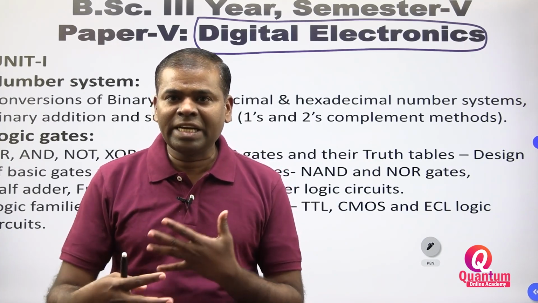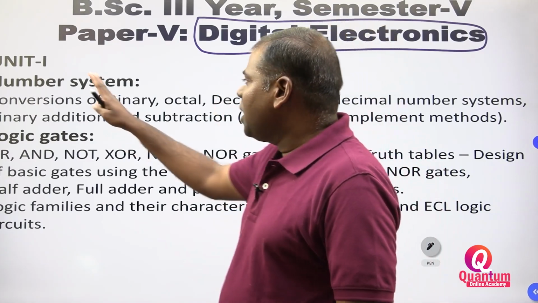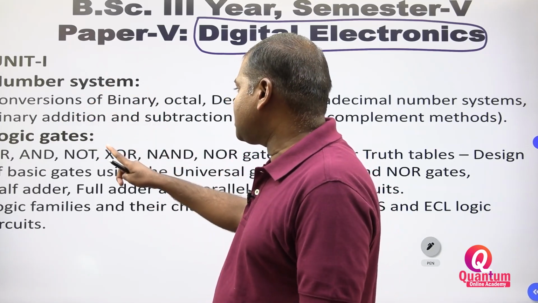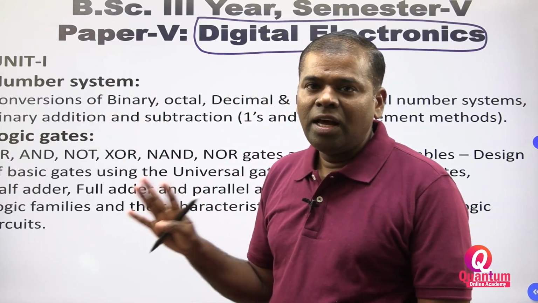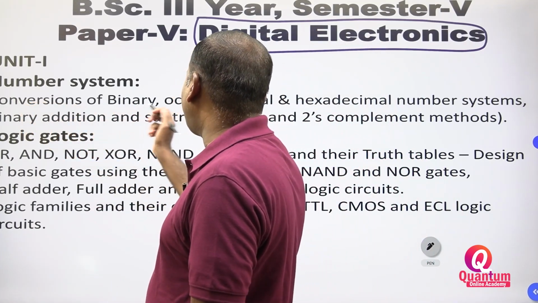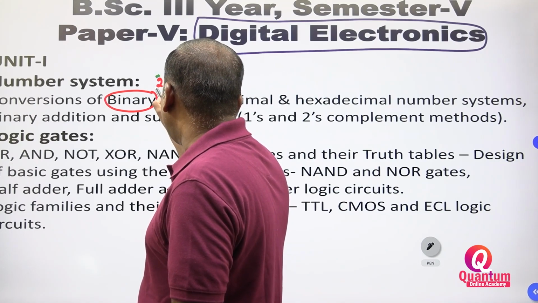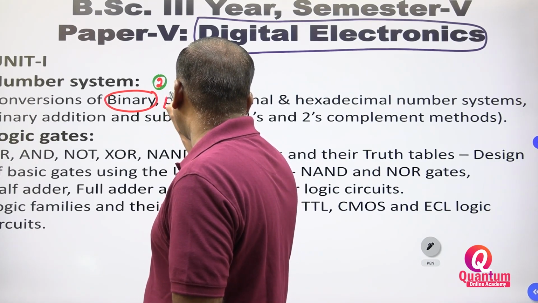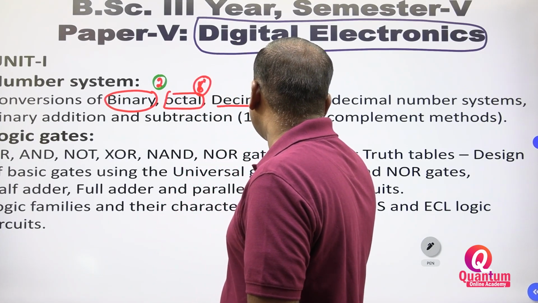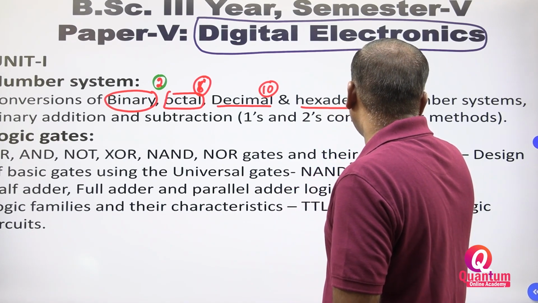Once you have to check the digital electronics syllabus. Unit number 1 consists of 2 parts: one is number system, another one is logic gates. In number system, the syllabus contains conversion of binary, that base is 2, octal, that base is 8, decimal, that base is 10, and hexadecimal, that base is 16.